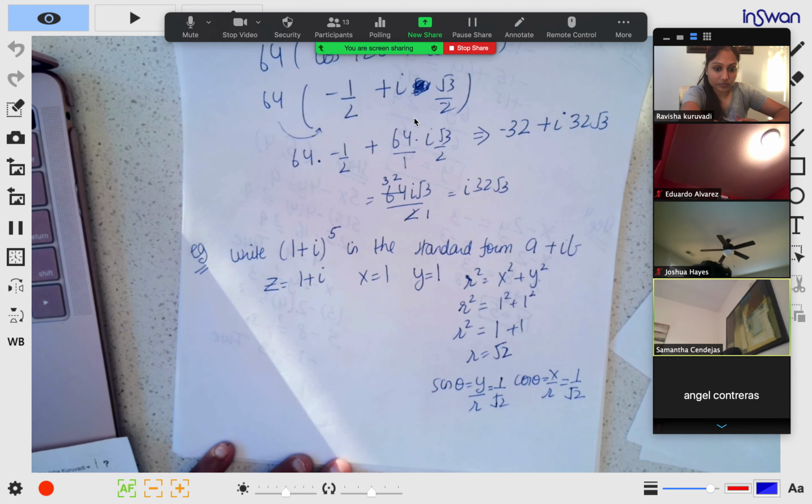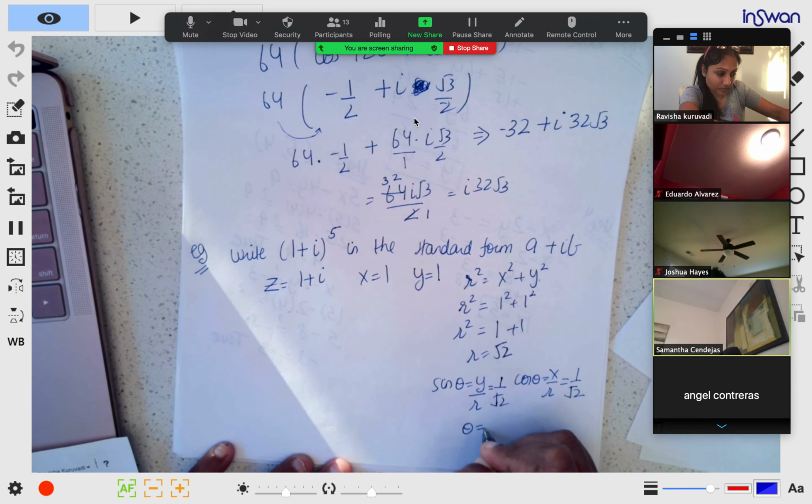Sine is for y, so both x and y should be 1 over root 2.